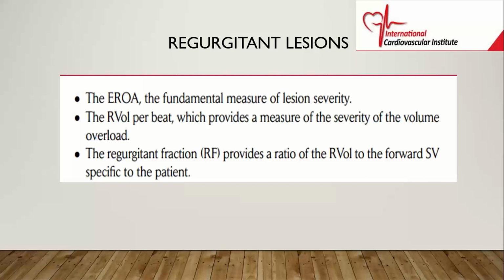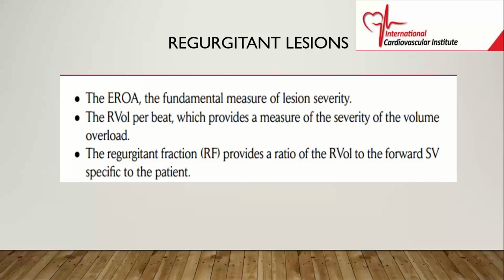So you have to understand the basic concept to fully appreciate this. So let's look at the mitral valve. If the mitral valve was not regurgitant, you'd have systole and all the forward flow would go across the aortic valve into the aorta.